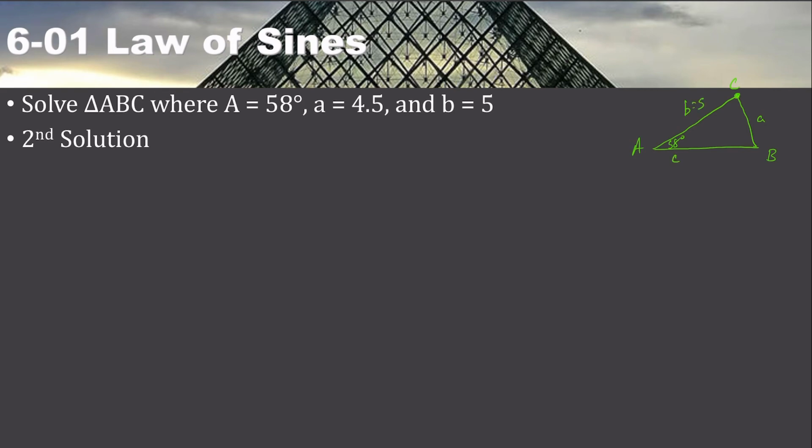Well, if there's a pivot at point C, A could swing around to here so that this triangle is the one we're solving for. We'll call this B prime because it's a different angle B, and C prime because it's a different angle and side c. But this side is still a, which is 4.5.